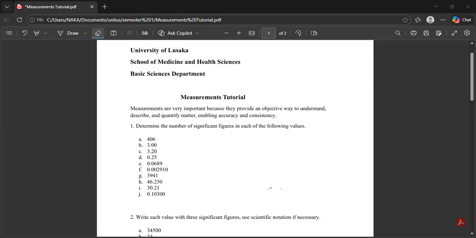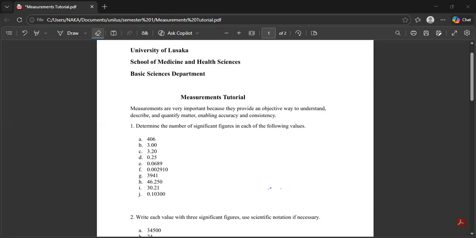But if we have trailing zeros that come after a decimal point, they are going to be significant. For example, if you have 1.2500, these zeros are after a decimal point, so they are significant.